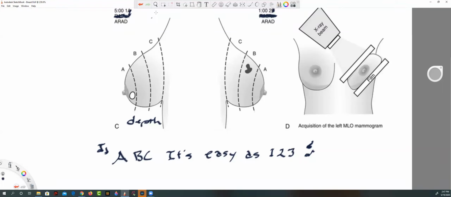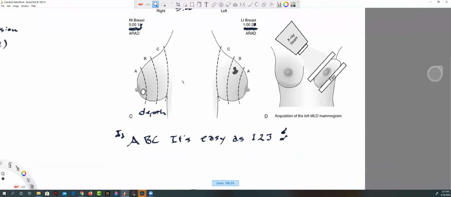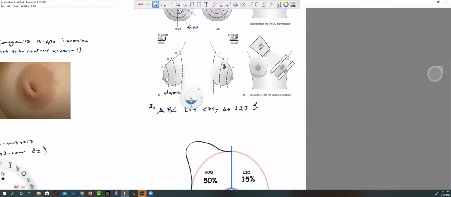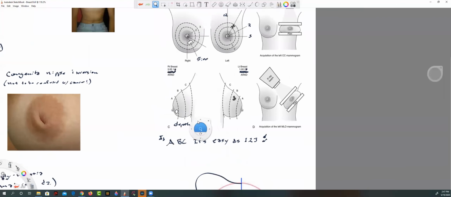So if we go, oh, do we have it? We don't. Well, that's good though. Let's write this nomenclature. A, B, C. It's the easiest. 1, 2, 3.